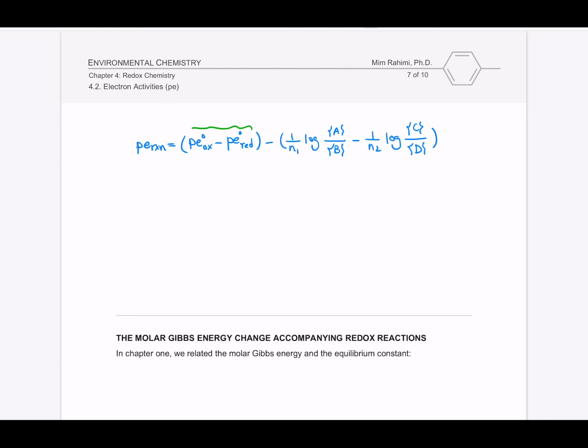What is this part? It's PE0 of reaction, something that we can find from tables by looking at tables for oxidation and reduction at the standard condition. So now let's work on the second part to see if we can get something familiar out of that.